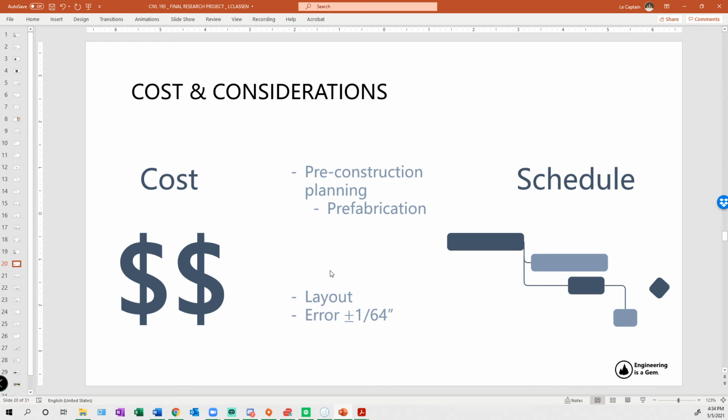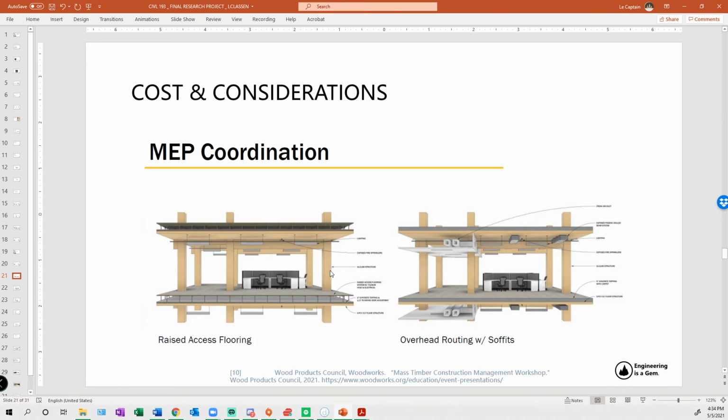So if you have a hybrid building, you're going to need to account for those differences. Furthermore, you need to account for various holes and openings and hatchways and access routes for other trades such as MEP, and it is much better and more efficient to have that all planned out and cut into the material prior to its arrival on job site.